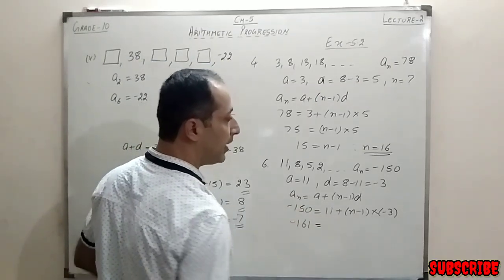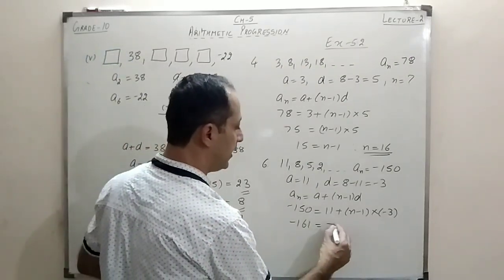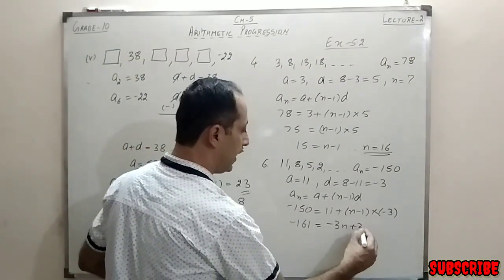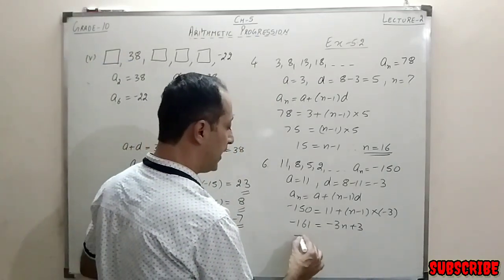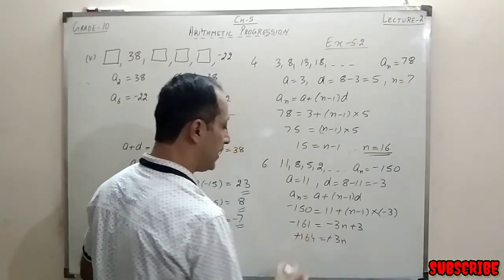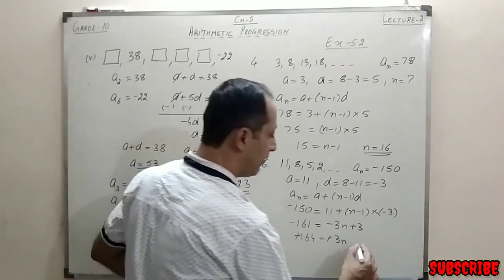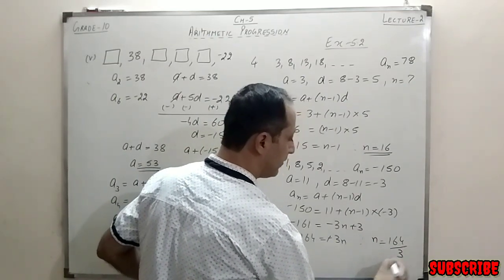I multiply this minus 3 with n minus 1, open the bracket, and I get minus 3n plus 3. Then I take this plus 3 on the left side, it becomes minus 164 equals minus 3n. This minus can be cancelled. If I divide by 3, I get 164 by 3.